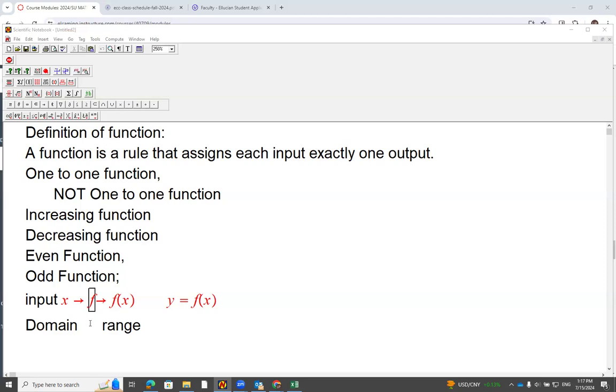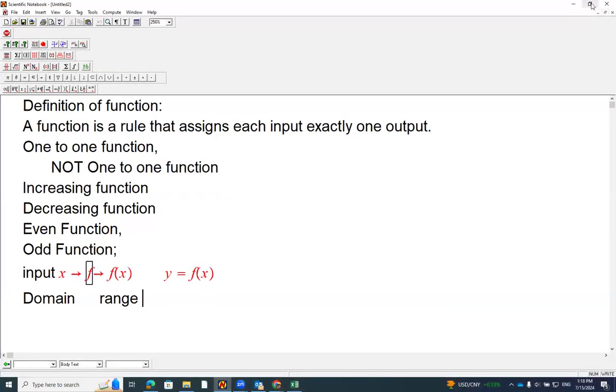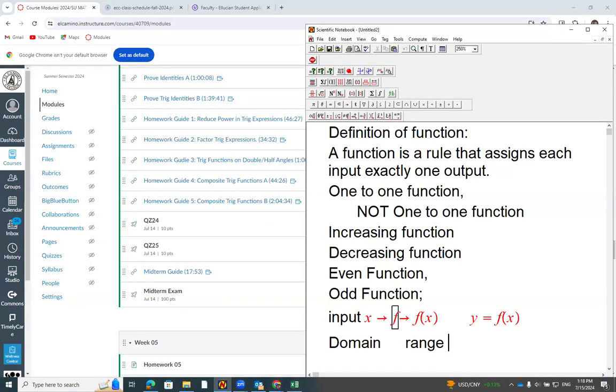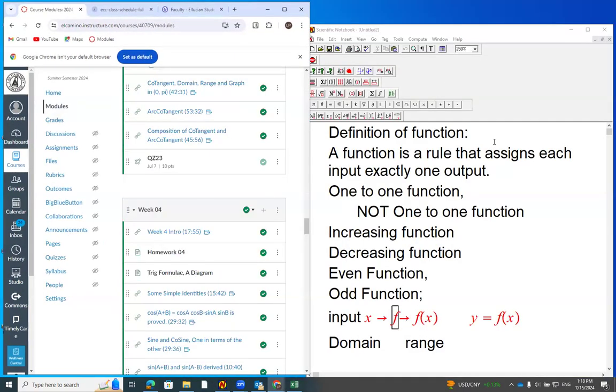The reason we covered all of these functions from the beginning to the middle of the semester, especially harder functions such as exponential, logarithm, and trig functions, is that they are more difficult to understand and study. What I hope is that as we proceed to week number 5, you will continue to study those other functions as needed, because you're going to encounter them again.